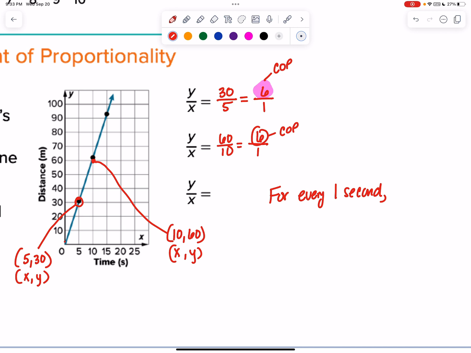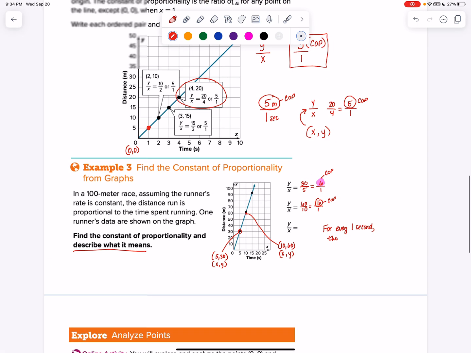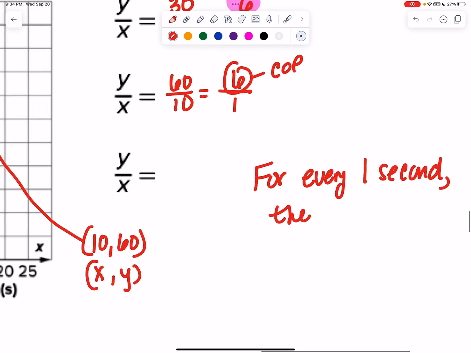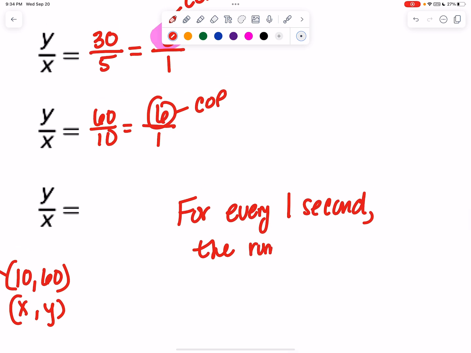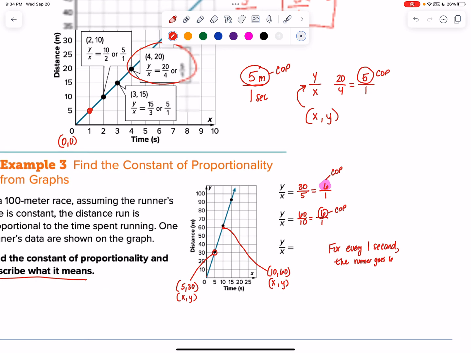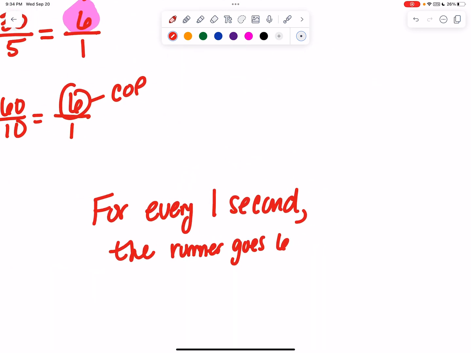So for every 1 second, let's see, is it running? The runner goes 6, and let's look at the units, meters.